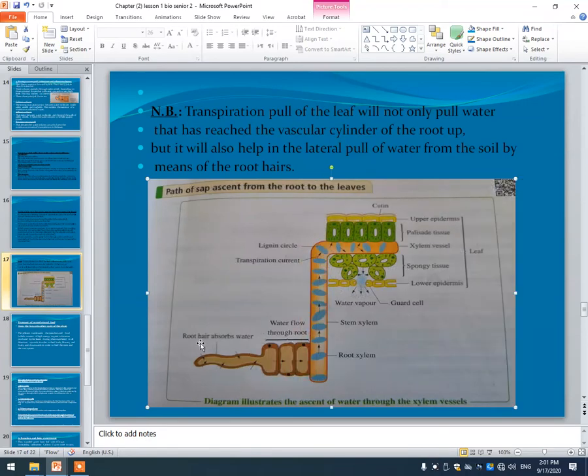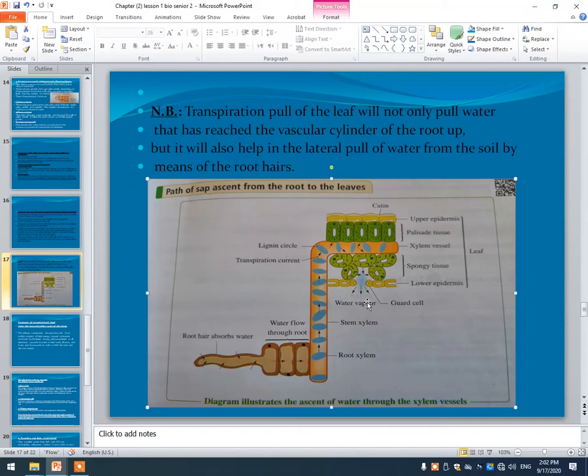Number one, root hairs absorb water. Water flows through the root. After that, it will pass through the xylem of the root, then the xylem of the stem. So it will go on the transpiration current, and then go to the spongy tissue of the mesophyll of the leaf, and the water gets out.